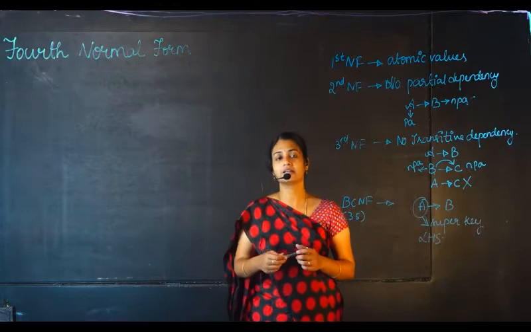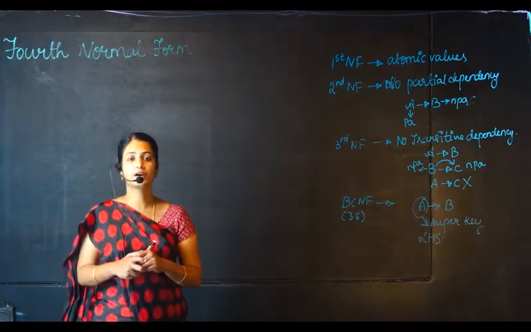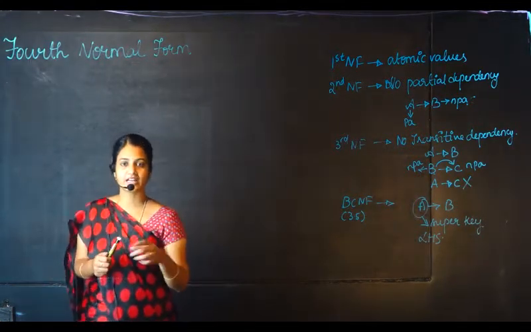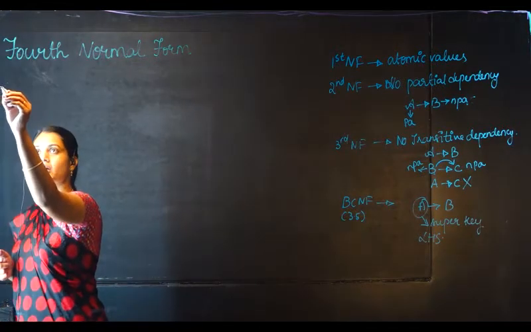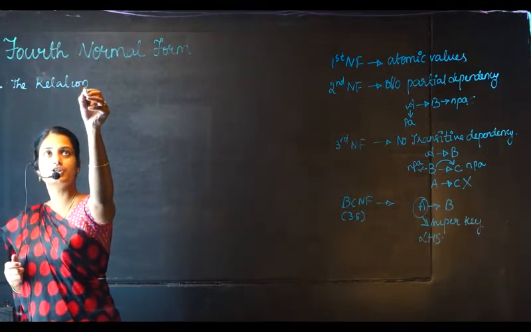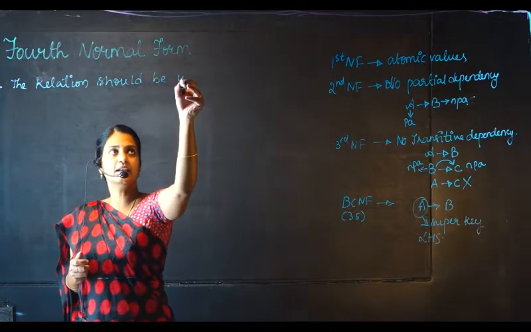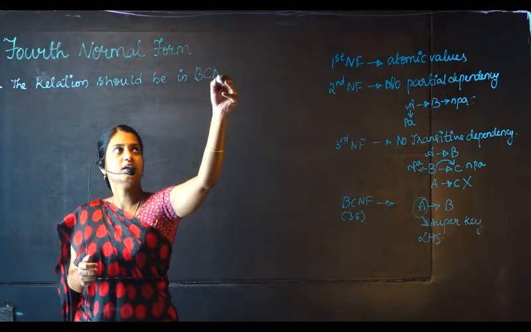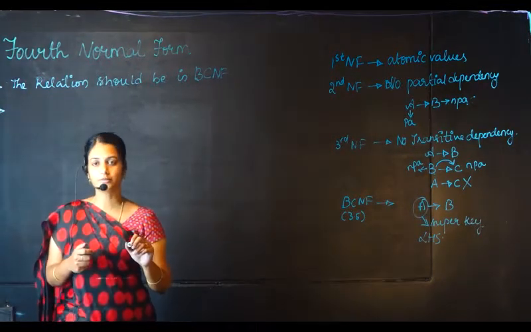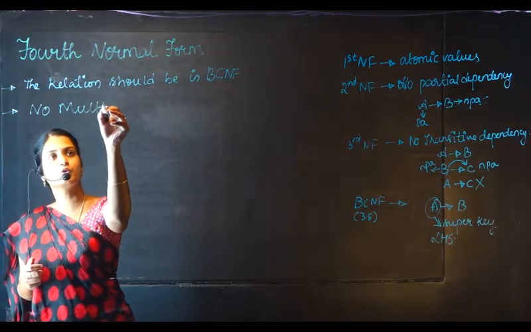Now we will discuss the fourth normal form. For a relation to be in fourth normal form, it should satisfy two conditions. The first one is the relation should be in BCNF, and the main thing in the fourth normal form is no multi-valued dependency should be there.